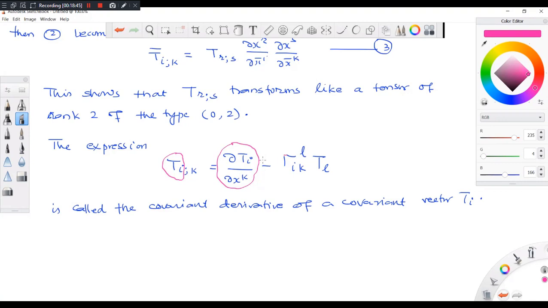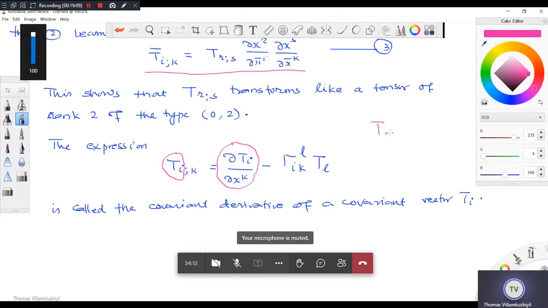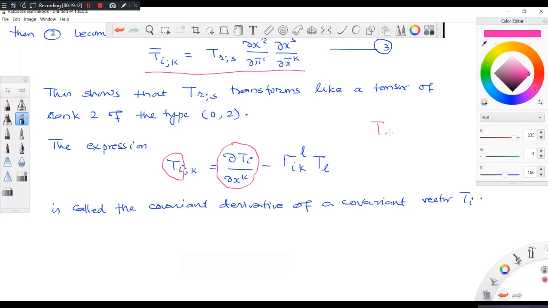Why is it so? It is because it satisfies this kind of tensor property. Okay, I want a partial derivative which transforms like a tensor, and therefore I call this quantity t_i semicolon k like this. So remember that when I write t_i semicolon k, this is a covariant derivative.